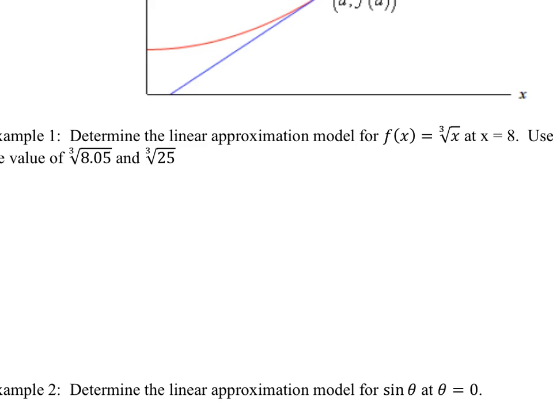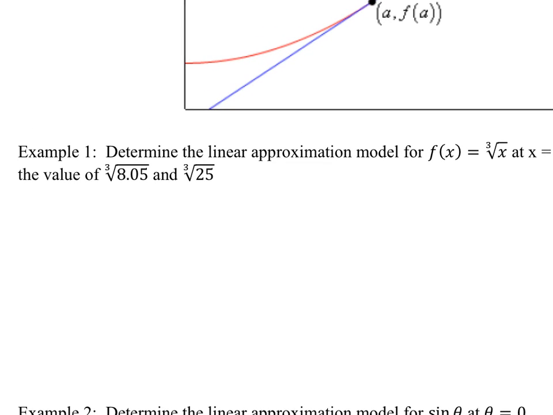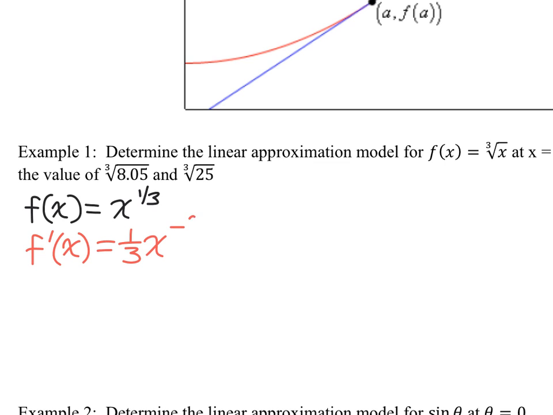First thing we're going to do is, you guessed it, take the derivative of the given function. I'm going to rewrite the given function though: x to the 1/3. All right, so f prime of x would be 1/3 x to the negative 2/3. Now we're doing this analytically, so let us simplify this just a smidge, because we'll have to plug and chug the numbers by hand.